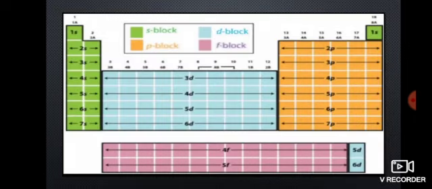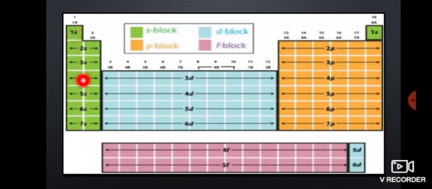Now we are going to develop the sketch of the periodic table from easy to complex. If you look at the green area, this is the S block of the periodic table, which contains two groups, group 1A and group 2A. Here, they have given 1s to 7s: the last element has 7s in its electronic configuration, and the first element has 1s.